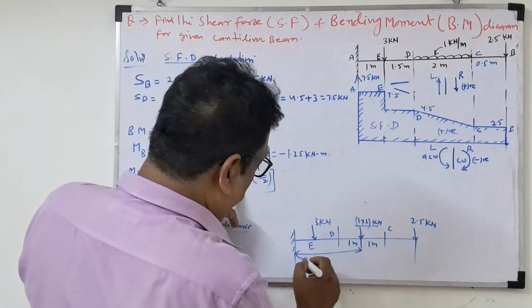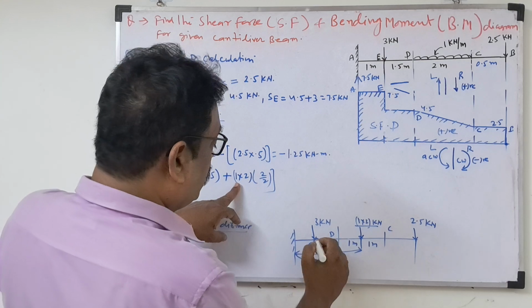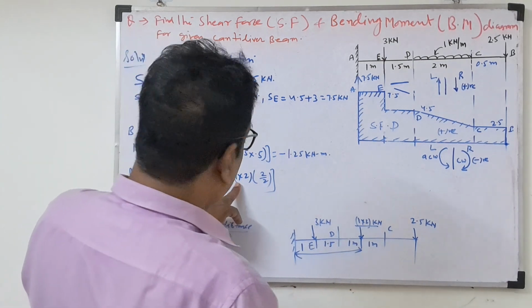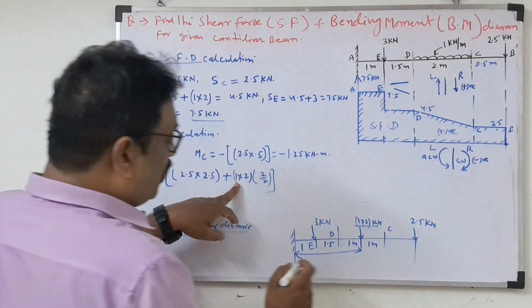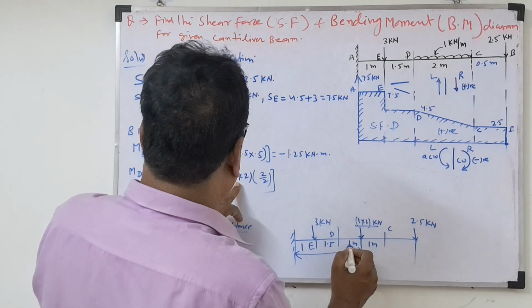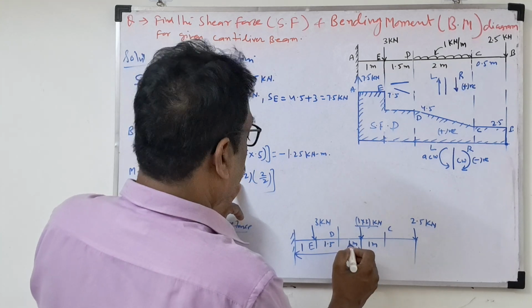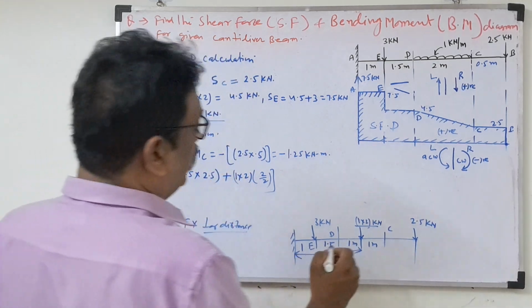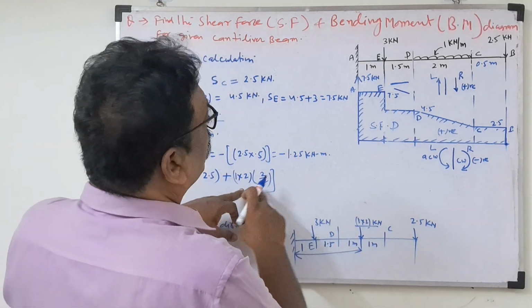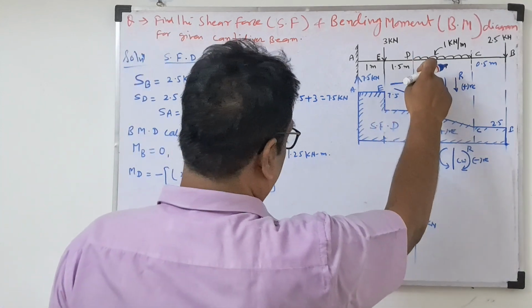What is this length? 1.5. This length is 1. So how much will come? 1 plus 1.5 is 2.5, 3.5. So 1.5 and 1 meter, that is the length we take.